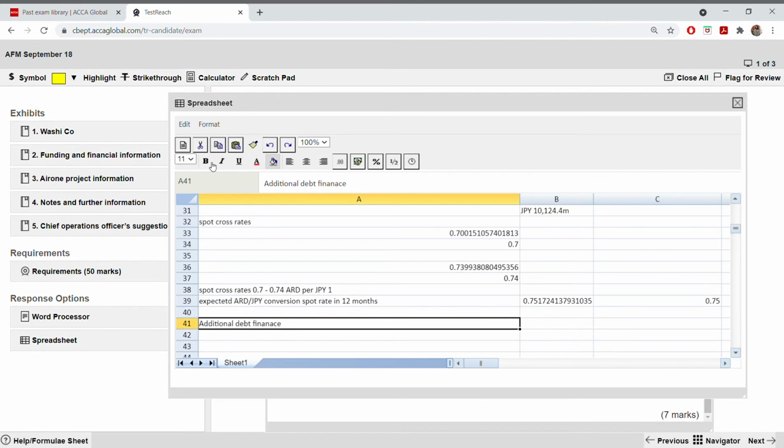Okay, how much debt finance you require? Okay, and you have to write this in Japanese yen.